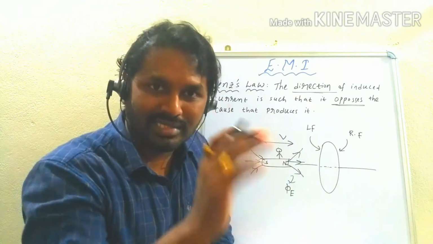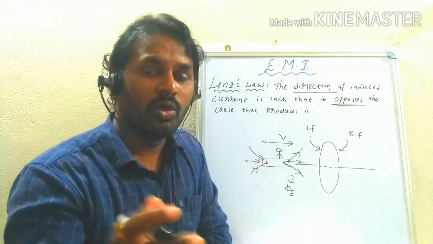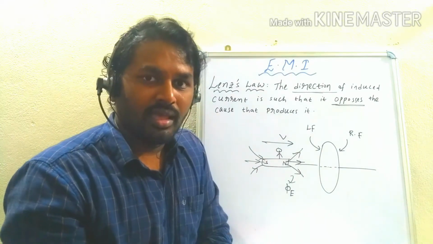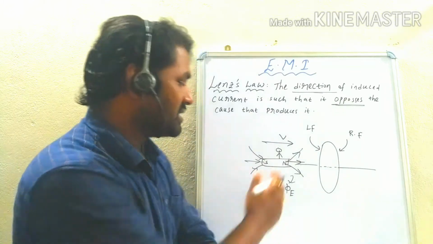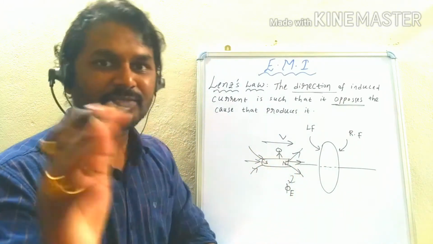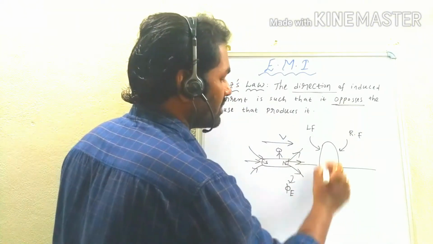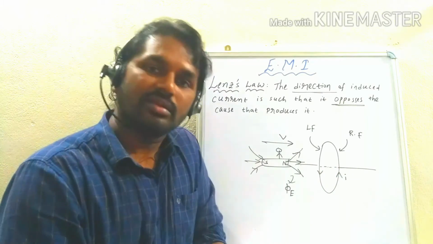Once the current is set, that current-carrying conductor also produces a magnetic field, and that induced magnetic flux should oppose this increasing flux. This is possible only when we consider the current in this coil to be in the anti-clockwise direction.